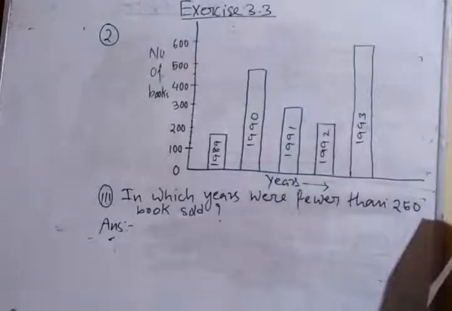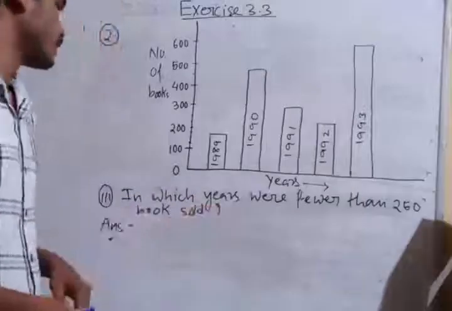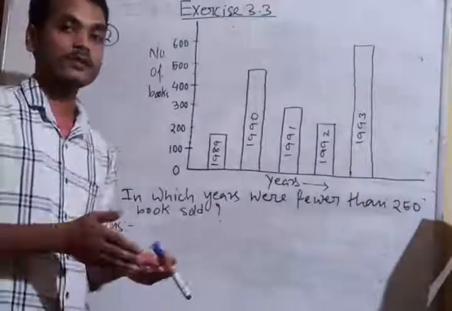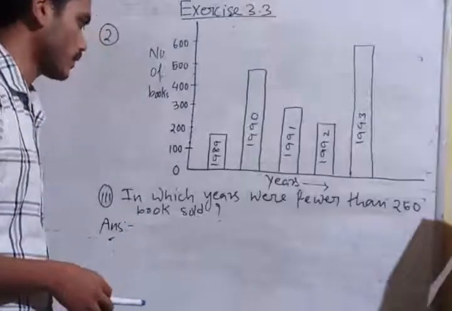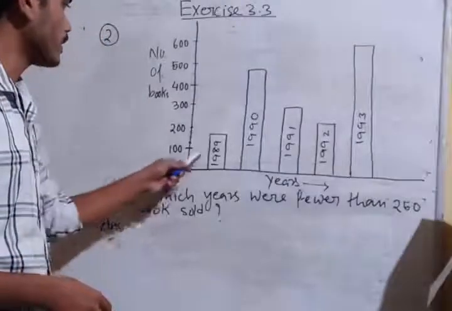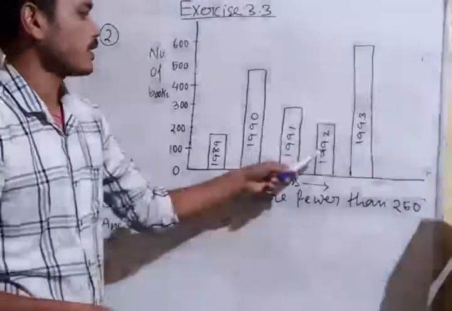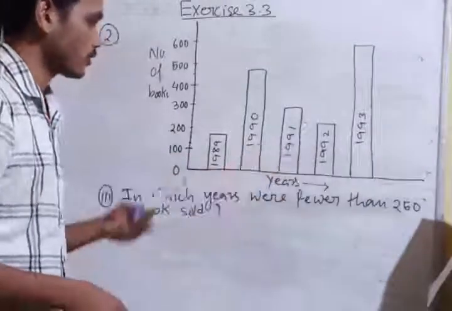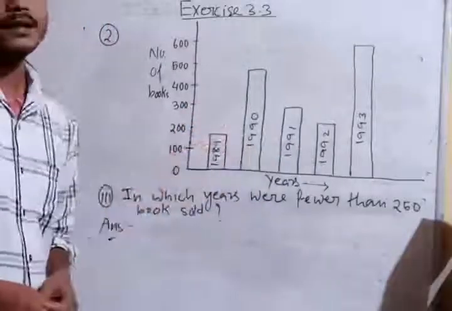Now question number 3. In which years were fewer than 250 books sold? Less than 250 books, in which year were they sold? You have to find out. So less than 250, you can see this is 1989, and another one is 1992. This is also less than 250 because it was 225.